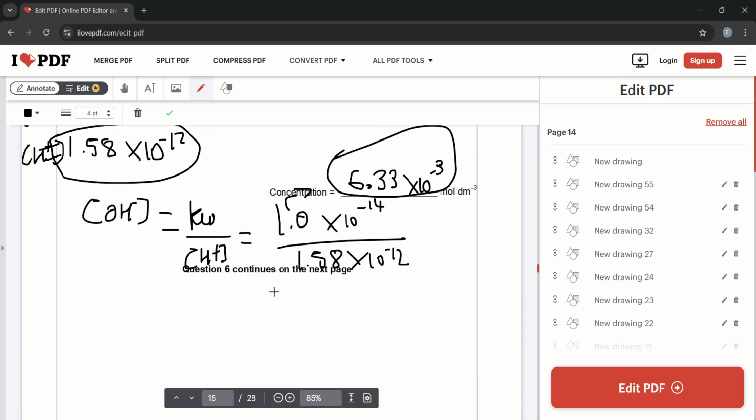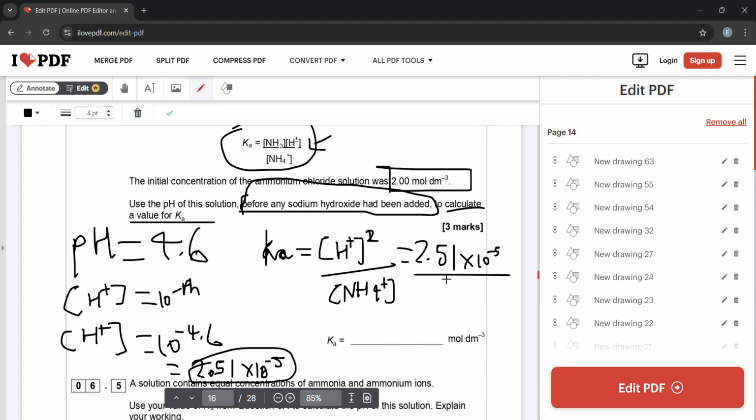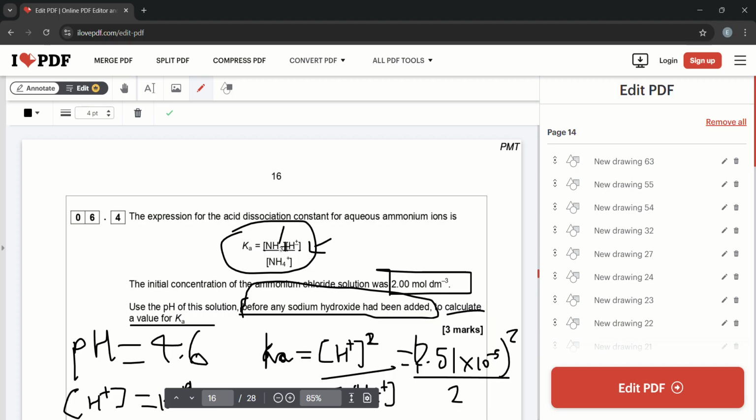So it's going to be 2.51 times 10 to the power minus 5, divided by 2, because that was the initial concentration of the ammonium chloride solution. Squared, I can't believe I forgot that, squared obviously, because the assumption we made is that NH3 times H plus becomes H plus squared.